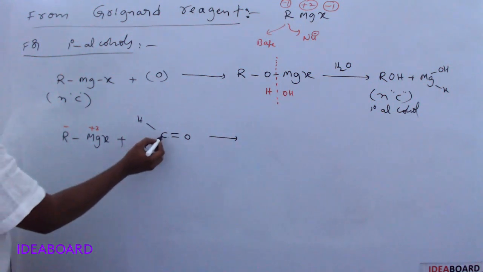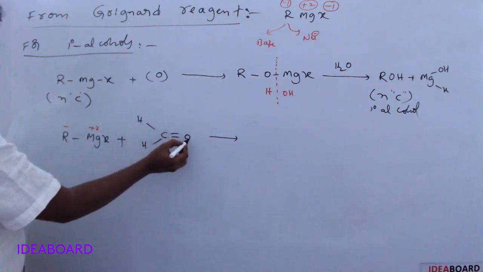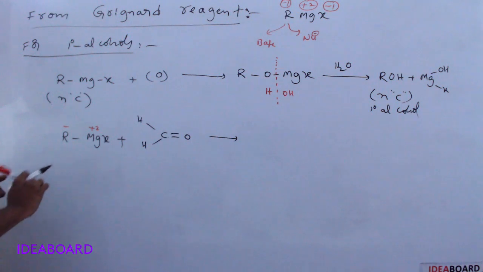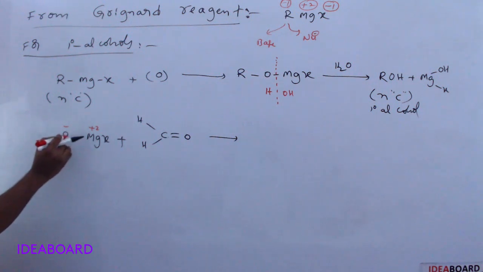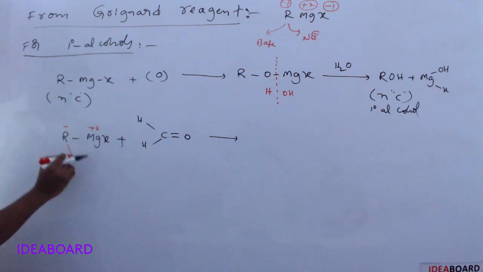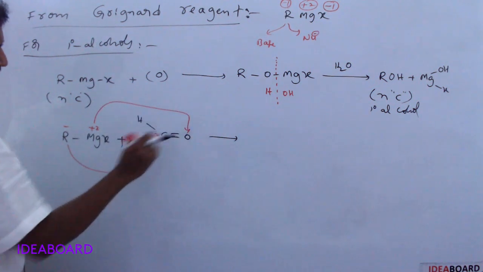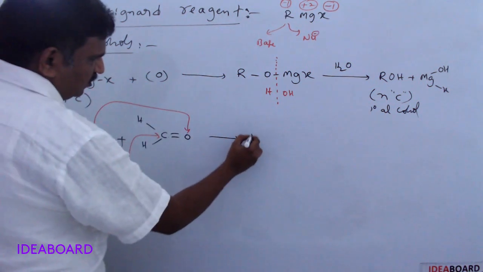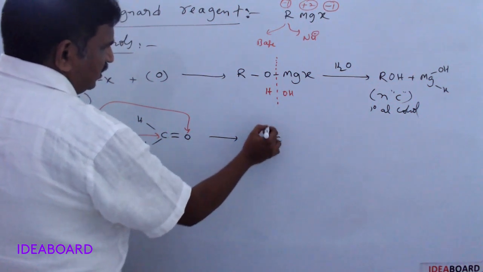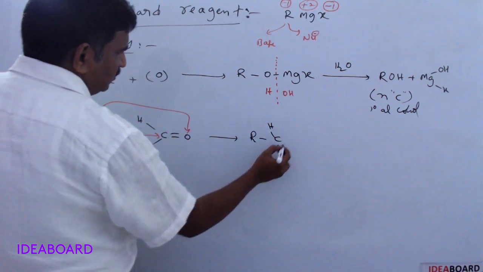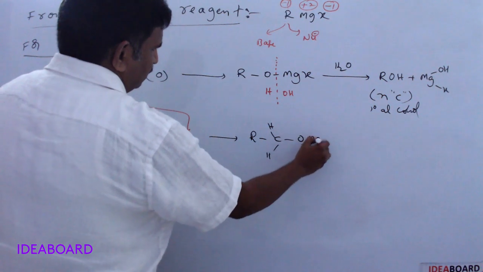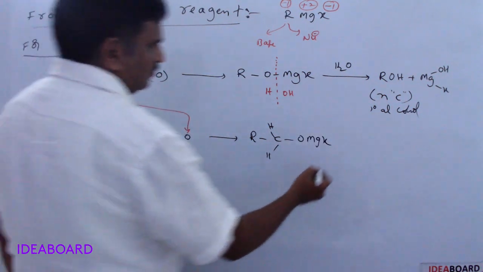The carbonyl group has a positive charge on carbon and a negative charge on oxygen. So this R minus attacks this carbon atom and the magnesium attacks this oxygen atom. So what is formed? R, C, H, H and OMgX complex is formed.